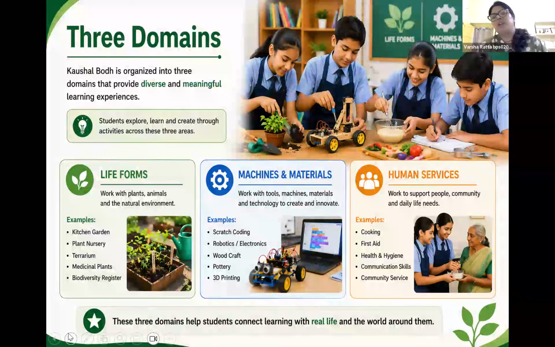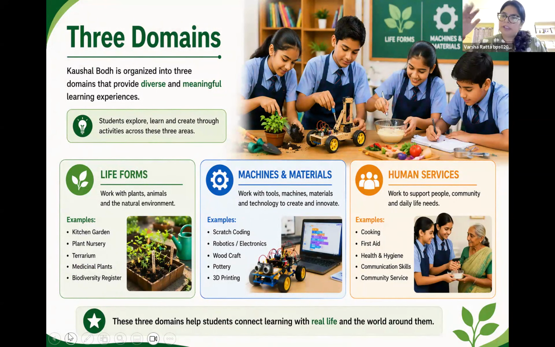The first one is called life forms. If you see the books, वो बुक जो है वो 3 डोमेन्स में डिवाइडेड मिलेगी आपको, जिसमें पहला जो फॉर्म होगा वो होगा लाइफ फॉर्म का, दूसरा फॉर्म जो है दैट इज मैकेनिक्स एंड मटेरियल्स, एंड द थर्ड वन इज ह्यूमन सर्विस. I hope I am clear till here, right?